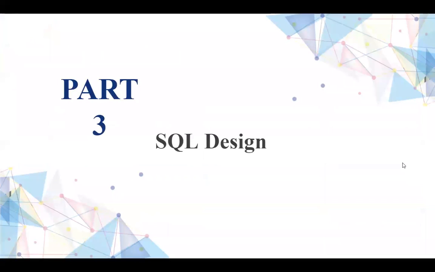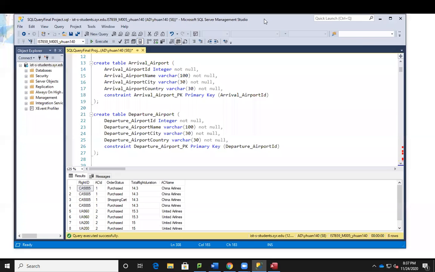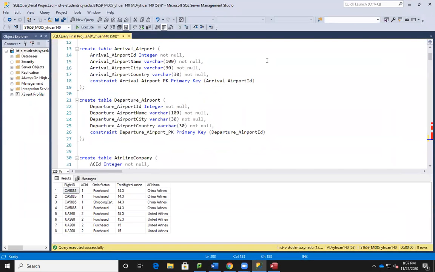Hello, I'm going to walk you through the SQL designs. So first, we create several tables and insert data. Let's take a look at our SQL Management Studio. For this part, let's take an example. For the arrival airport, we used the arrival airport ID as the primary key.